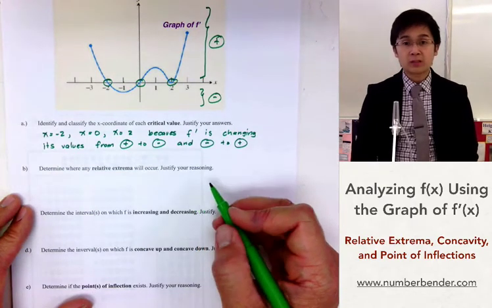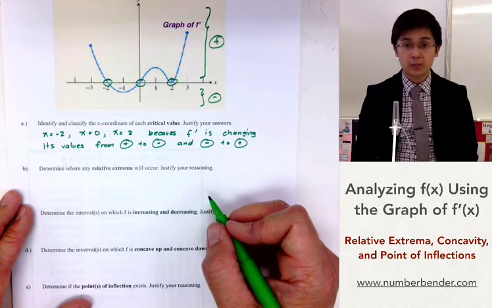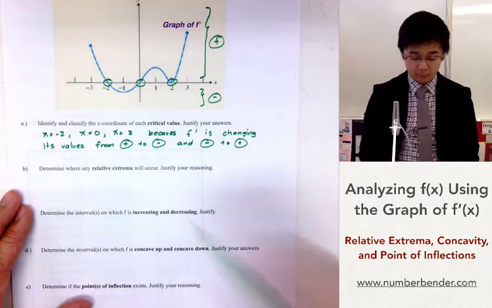Now, to be more specific, we're going to be looking at the relative extrema, or the relative minimum, also known as the local minimum, and the local maximum of our function f given f prime of x, or the graph of f prime.